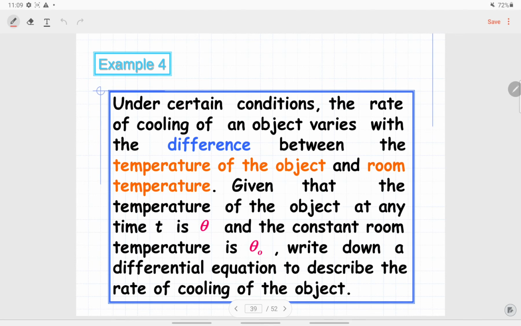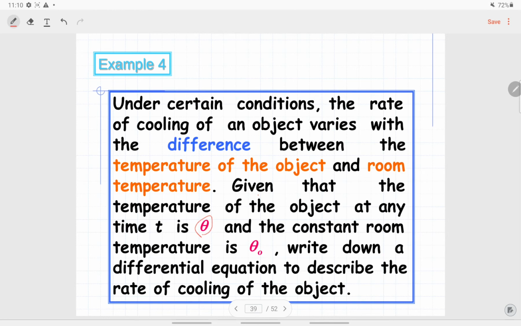In example 4, under certain conditions, the rate of cooling of an object varies with the difference between the temperature of the object and room temperature. Given that the temperature of the object at any time t is theta, the constant room temperature is theta naught.